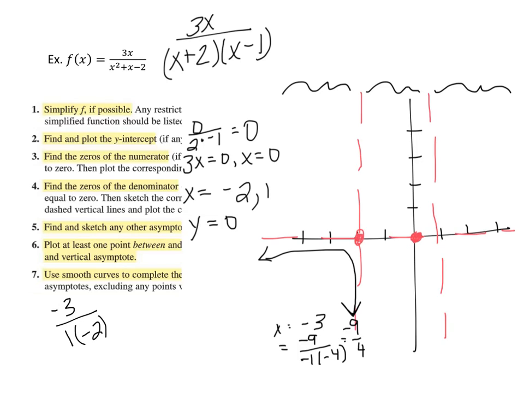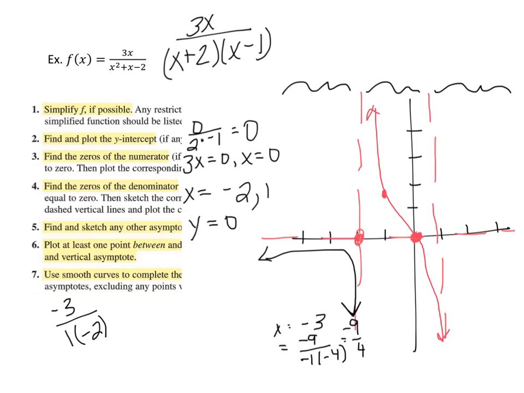So over here, when x equals 1, I know y equals 3/2. So that's going to be 1.5. So my graph must go like this.